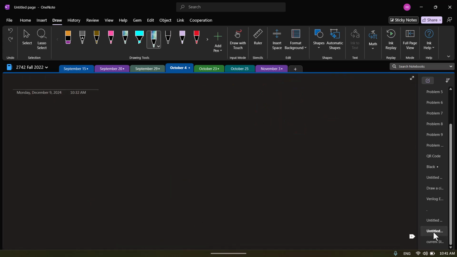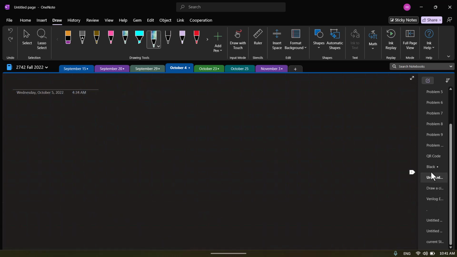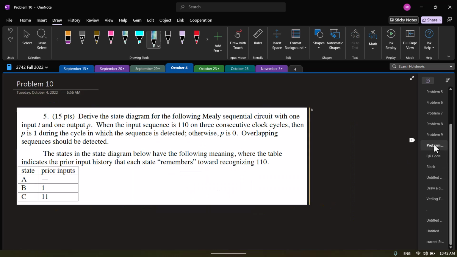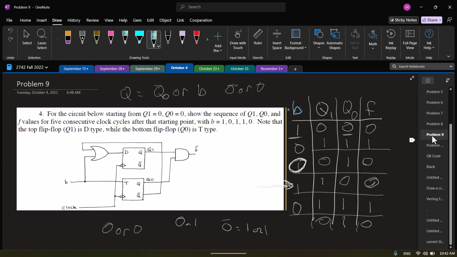Now I got this from, let's see, this question. That's a QR code. Where was it? From this one. So from the circuit starting Q1 equals 0, Q0 equals 0, show the sequence with B equals 1, 0, 1, 1, 0.